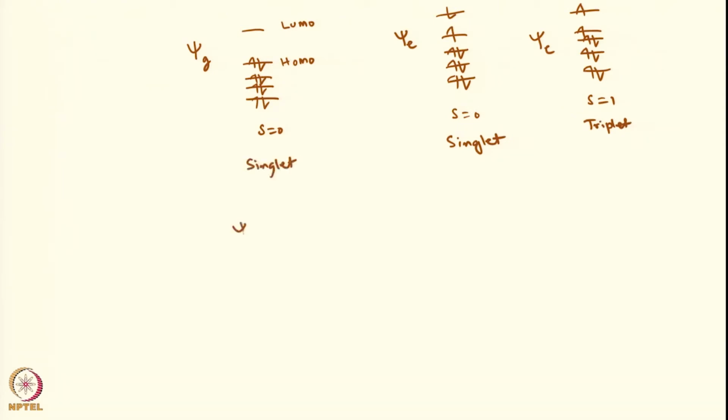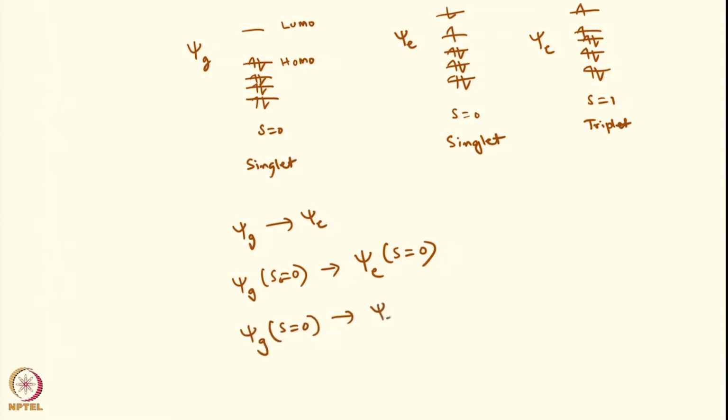So when I go from psi ground to psi excited state, I can go from psi ground with S equal to 0 to psi excited with S equal to 0, or I could go from psi ground with S equal to 0 to psi excited with S equal to 1.